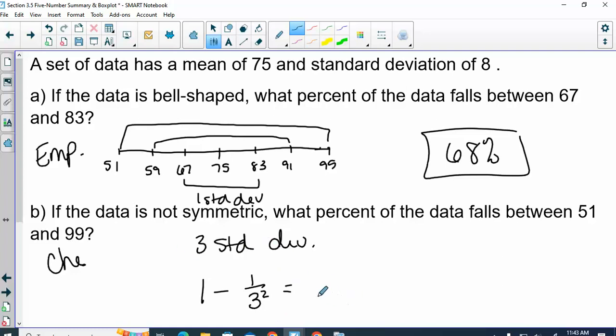It's 0.8 repeating. So that would be 88.89%. Is that okay? Alright.